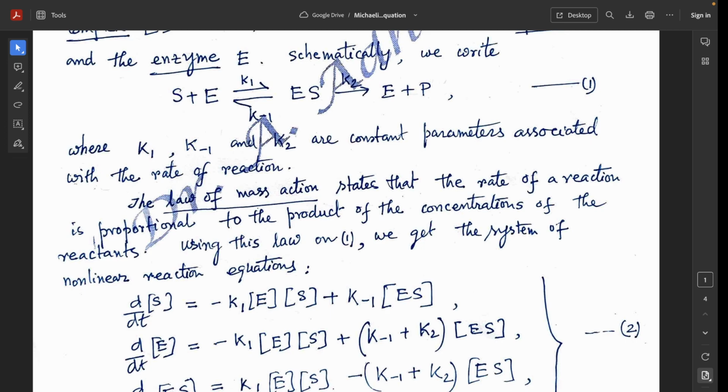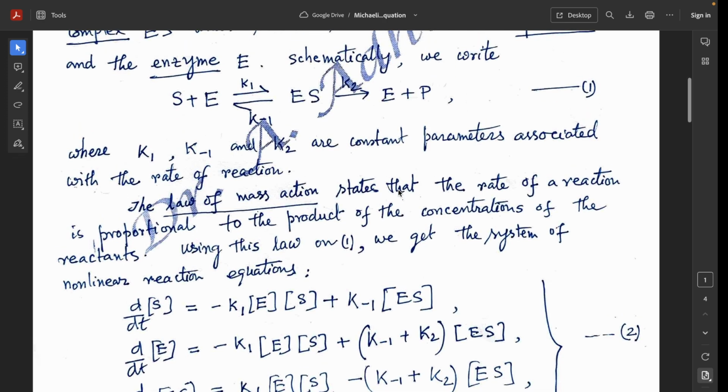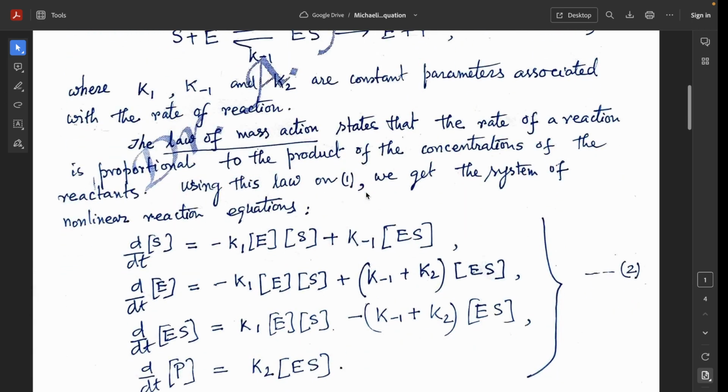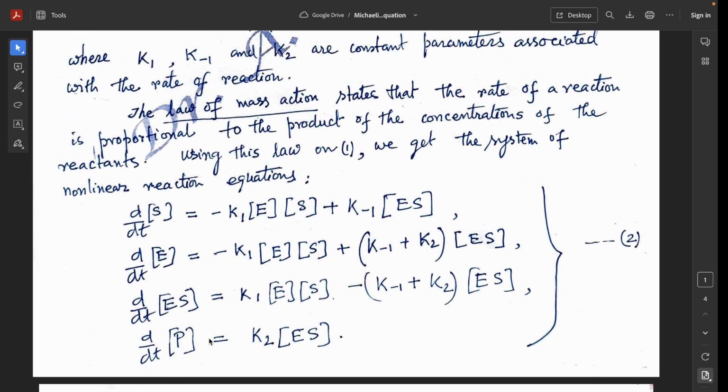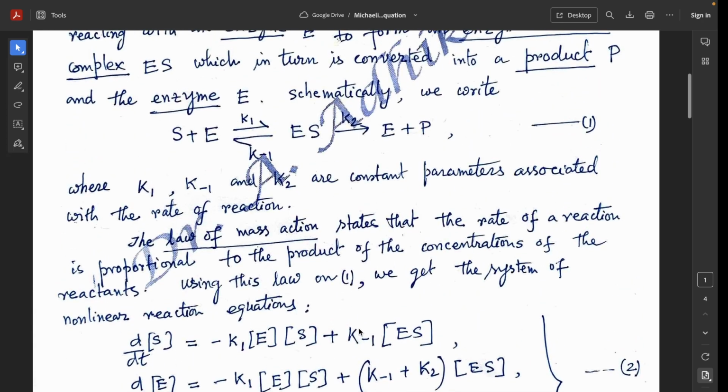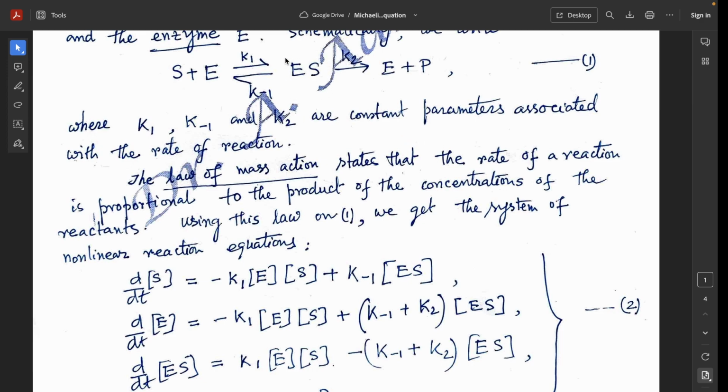The rate of change of the concentration of ES, that is the derivative of concentration of ES, equals K1 concentration of E concentration of S, the gain rate, minus K minus 1 concentration of ES minus K2 concentration of ES, the loss rates. And lastly, for the product P, the derivative of concentration of P is the gain rate from the complex ES.